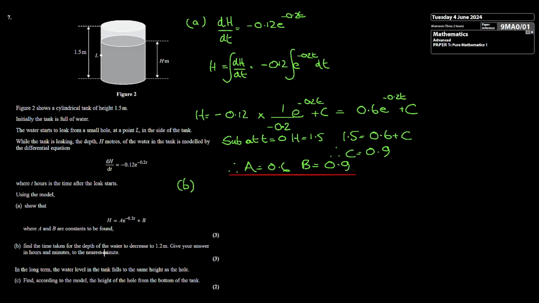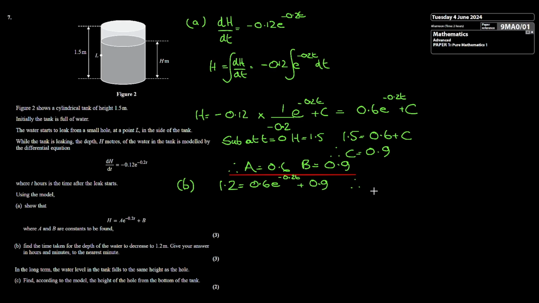In part B, we've got to find the time taken for the water to decrease to 1.2 meters. Give your answer in hours and minutes to the nearest minute. So we need to find the time when h is equal to 1.2. Remember, this is now equal to our full-blown equation here, which is 0.6 e to the minus 0.2t plus 0.9.